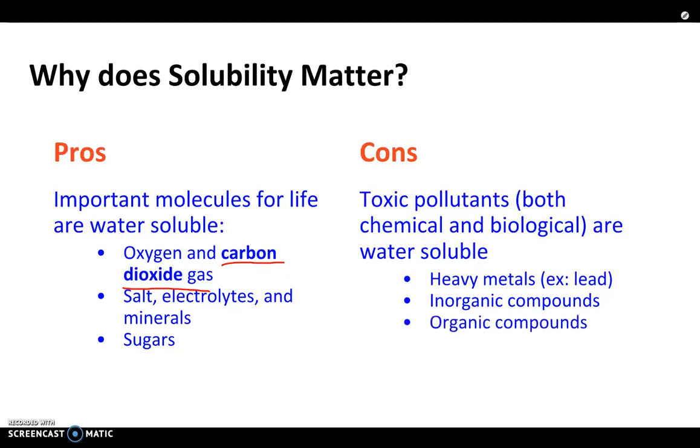And then organic compounds, which are also made out of nonmetals, those are often polar and water soluble, and a lot of those have been shown to be carcinogenic and really dangerous. And of course, there's a lot of organic compounds that are perfectly harmless. Sugars are an organic compound.